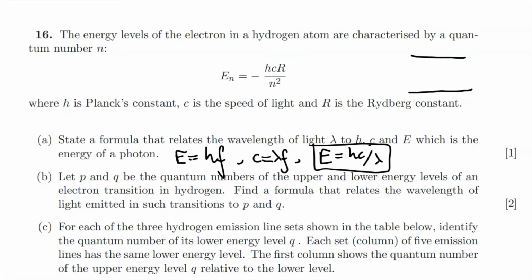So we have the upper energy level P and the lower energy level Q. And this transition will be some energy, let's call it delta E. From the equation in part A, we know that delta E will equal hc over lambda, because the wavelength of the photon emitted for this transition will be lambda here, which relates to hc and delta E.